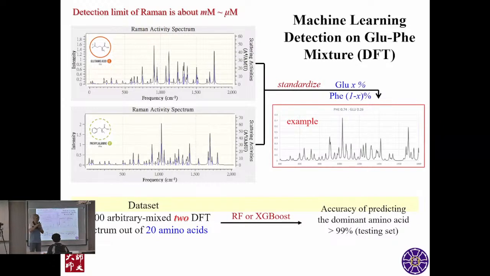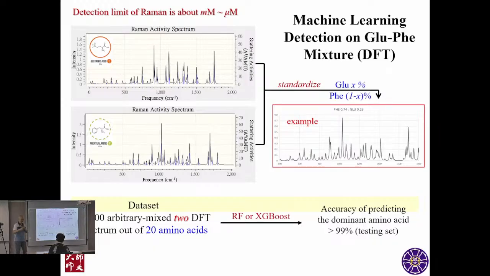Because we construct the data set, we can pick any percentage we want, so we know the answer at the very beginning, which one is the dominant one. We constructed 20,000 arbitrary mixed DFT spectra among 20 amino acids.